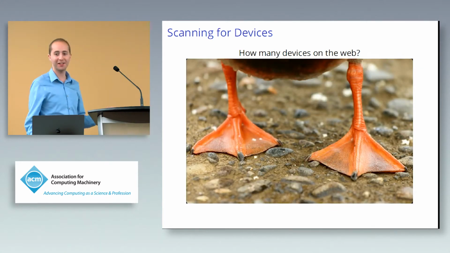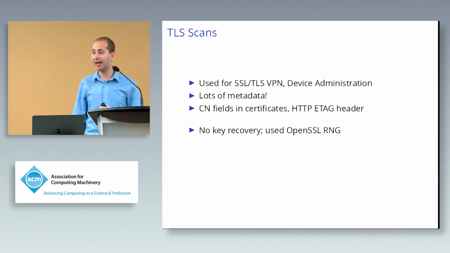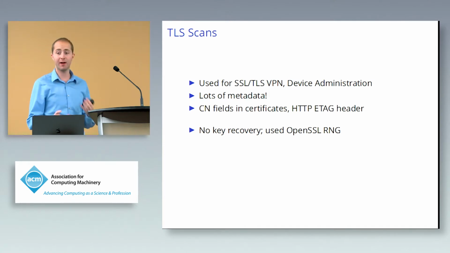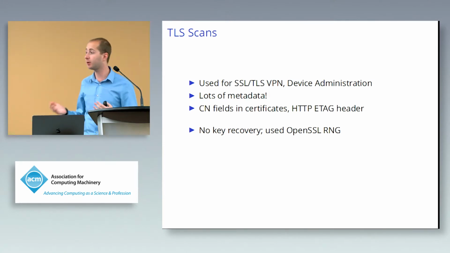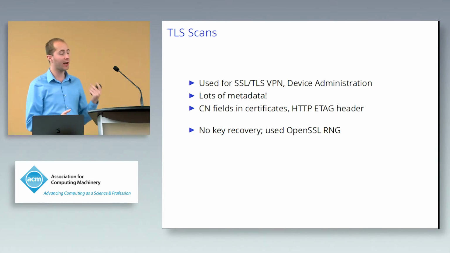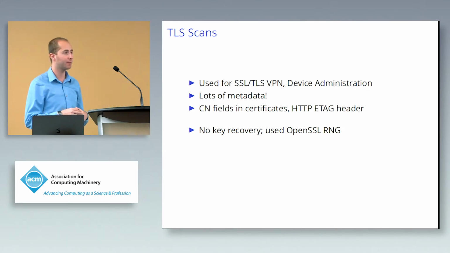So, how many devices are there actually on the web? We perform TLS scans and IPsec scans in order to find out. TLS is kind of great because it provides us a lot of metadata for fingerprinting devices and ensuring that the devices we are scanning are actually FortiOS 4. There are fields in the certificates, there are ETAG headers, and these we could use to fairly accurately identify devices.